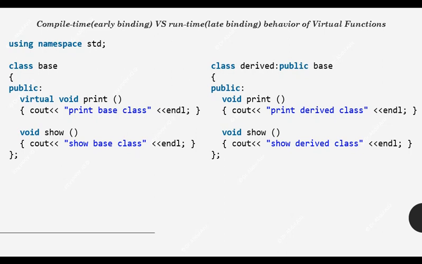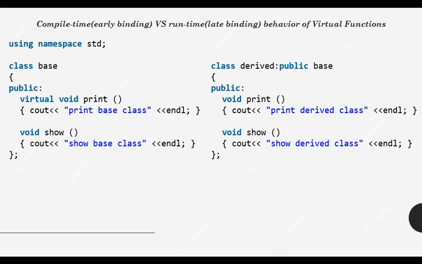And remember, whenever we are overriding the virtual functions, we need to remove the virtual keyword from the overridden version, or simply the definition. We need to remove the virtual keyword from the definition in the derived class. So the derived class will not use any virtual keyword.